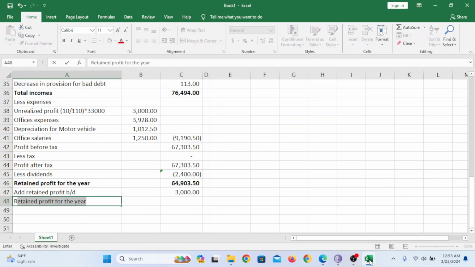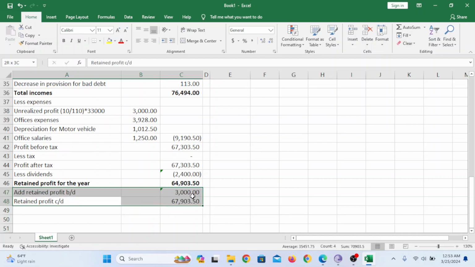So we get the retained profit carried down. You add the two. So that is the case of our income statement. Next we need to do the statement of financial position.